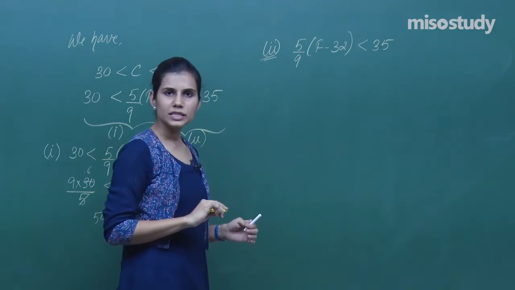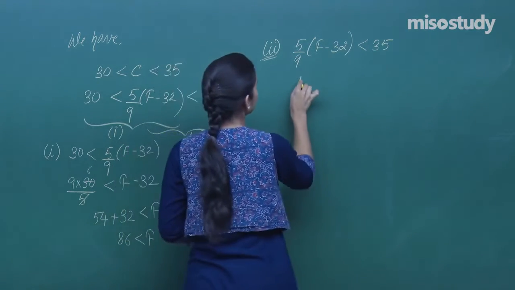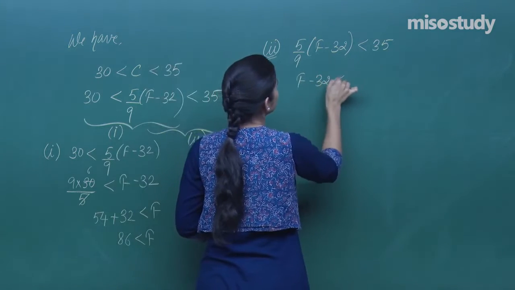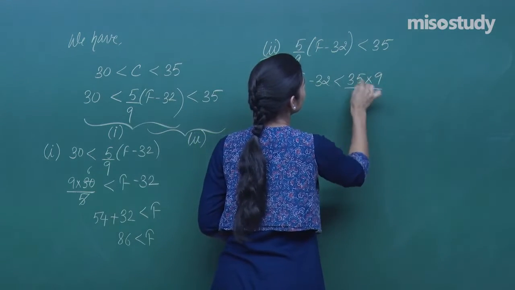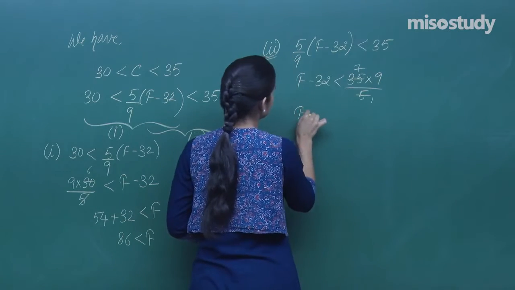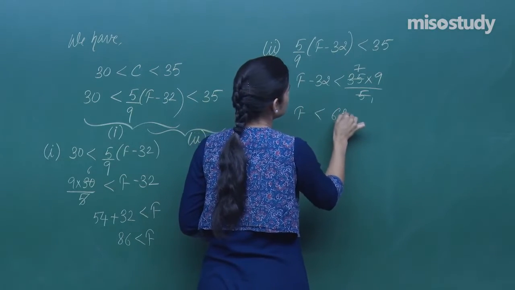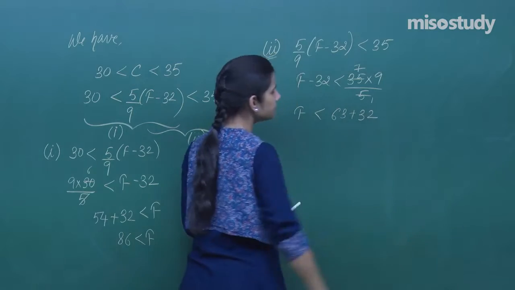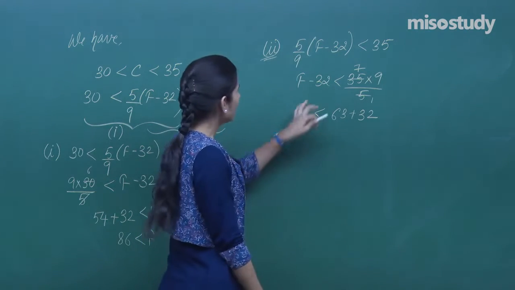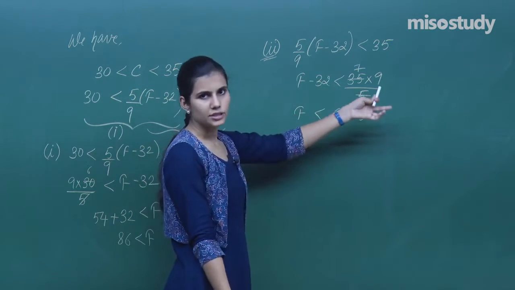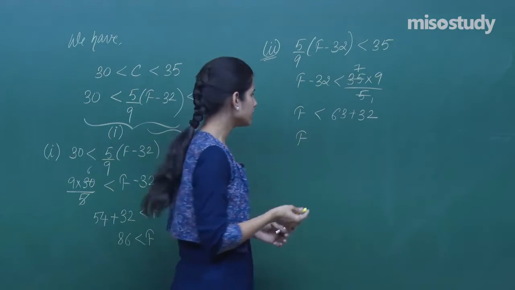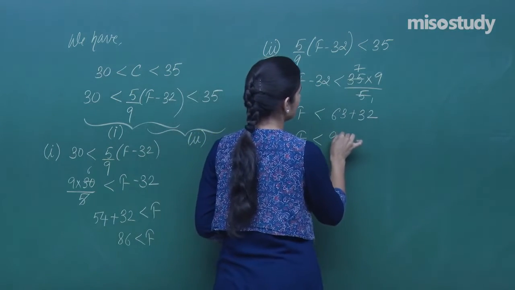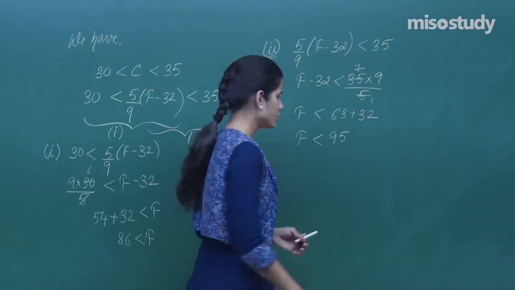Again, multiplying both sides by 9, dividing both sides by 5 has given me F minus 32 is less than 35 into 9 divided by 5. That is F is less than 63 plus 32. Why? Because I have added 32 both sides. 32 is any number you can add both sides. Inequality doesn't alter. F is less than 95.